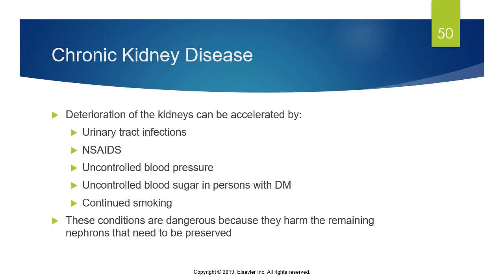Really try to get good control of the blood pressure and blood sugar, and of course this involves careful monitoring and meticulous treatment, but also an attempt to get people to change their habits. And smoking, of course, is certainly going to continue the deterioration. Another thing that we need to target in our education and treatment of patients.